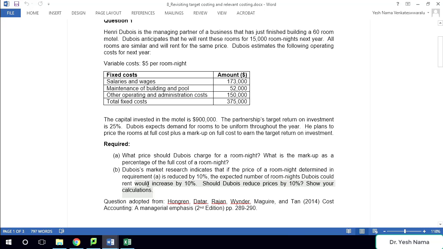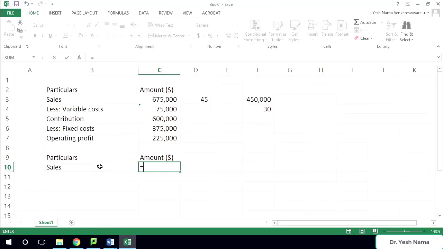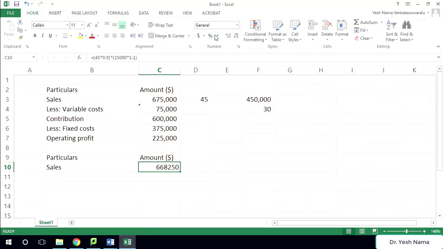Show your calculations. Sales will be earlier selling price 45 times 0.9 because there's a 10% reduction in selling price, times earlier room nights 15,000 times 1.1 because there's an increase in the number of room nights. This will be our revenue.